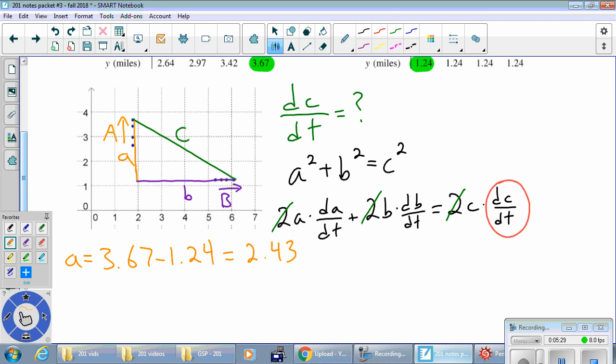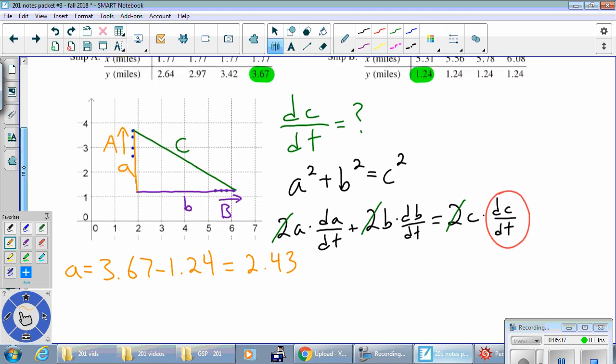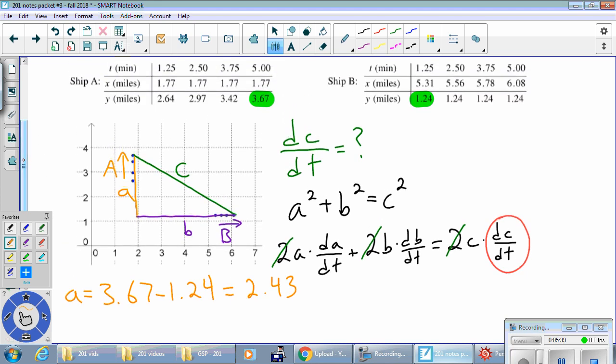Okay, and then the same deal for B. Maybe pause the video here if you haven't had a chance to do this calculation yet. See if you can figure out how to calculate the value of B at this fixed moment in time. Okay, so if you're back, then I think the way that we're going to calculate B is to look at how much the X value is at this last point, and then how much the X value is for any of these points. They're all the same.